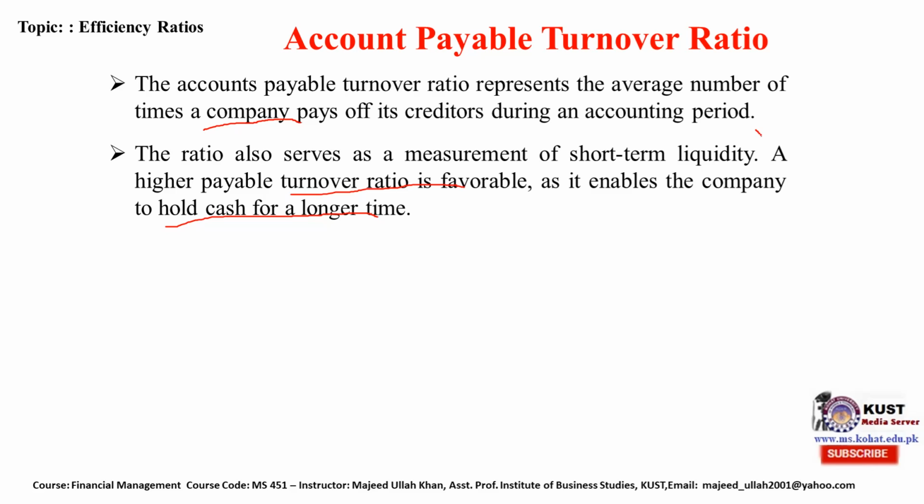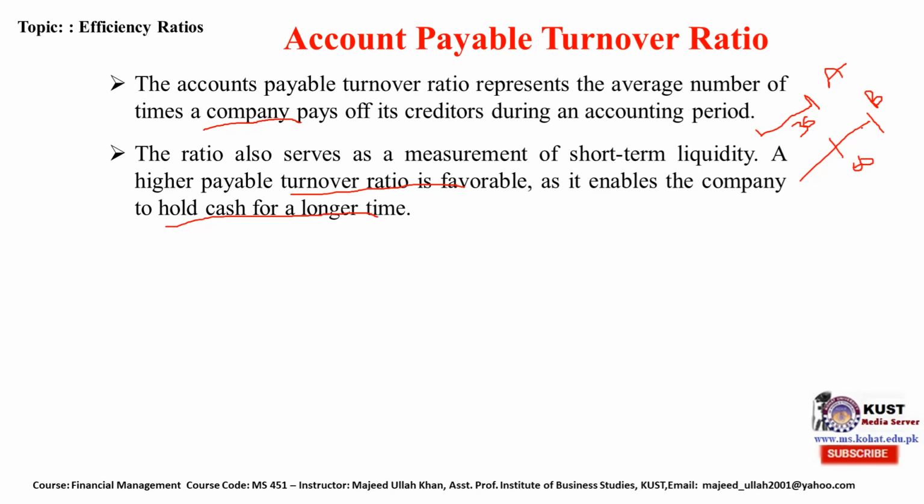For example, there are two companies, one pays its suppliers in 30 days and the other in 60 days. Let's suppose this is A company and this is B company.